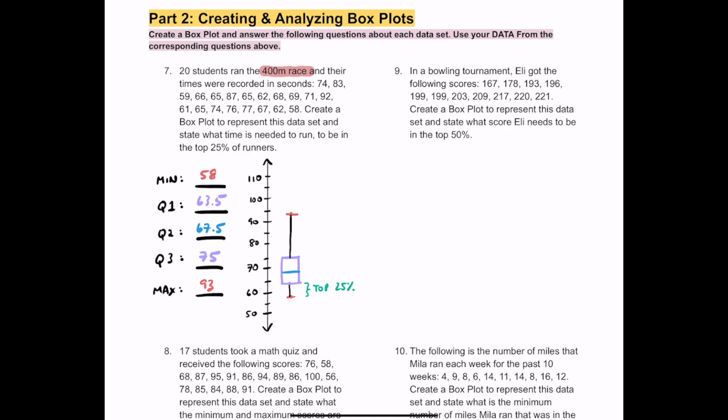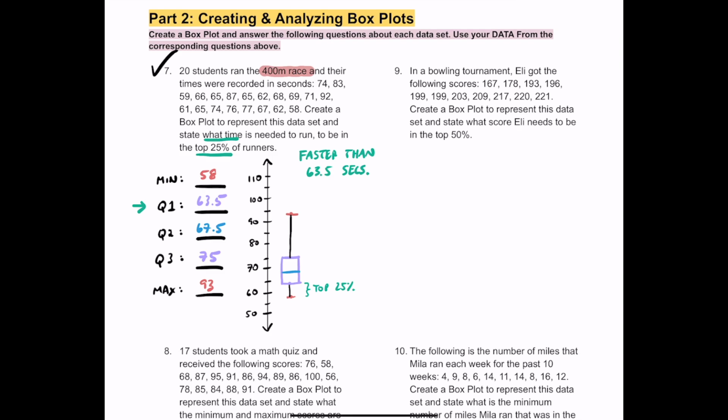You have to be under this number here. So what time is needed to run to be in the top 25%? You're going to say you have to be faster than 63.5 seconds. Okay, that will be number 7.